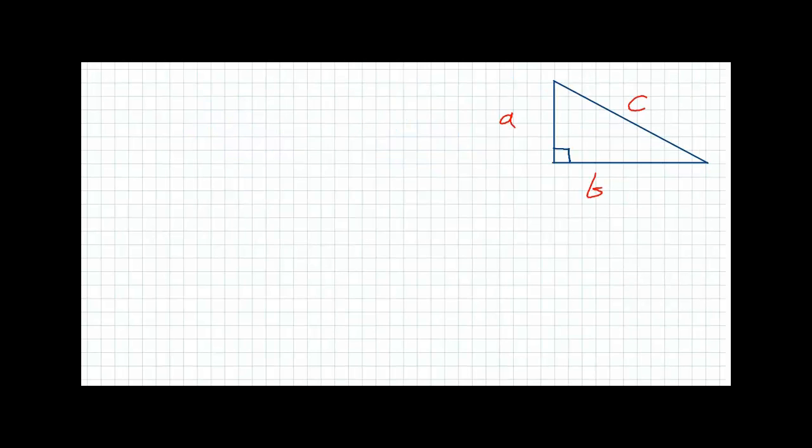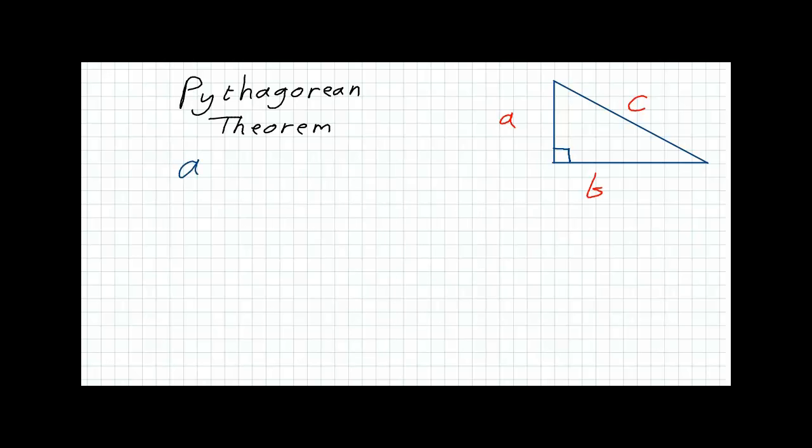Now looking at the right triangle shown here, we named its sides A, B, C. There is a theorem called the Pythagorean theorem, and this theorem says that if you have a right triangle with sides A, B, C as shown here, then A squared plus B squared is equal to C squared.